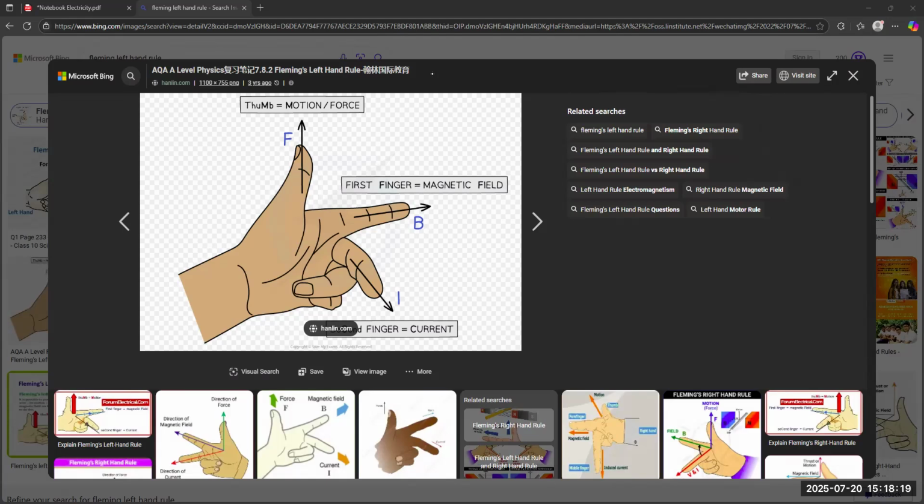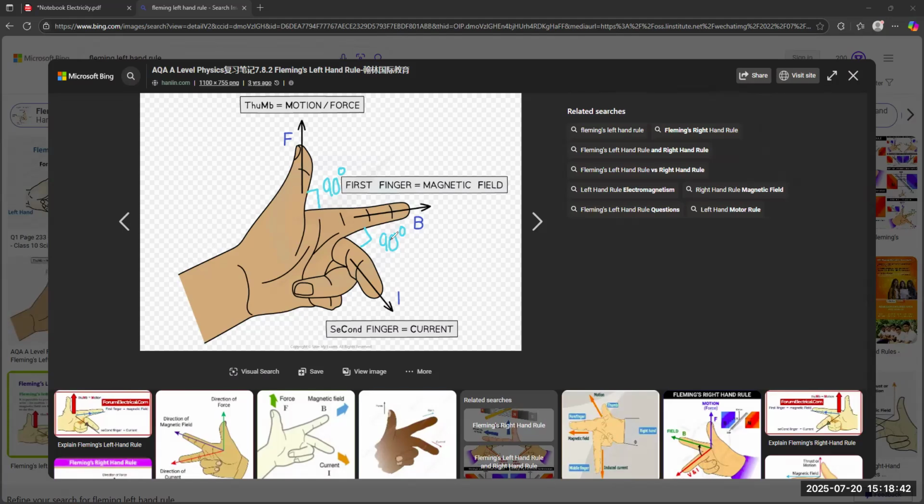The first finger represents the magnetic field, and the second finger represents the direction of electric current. And you can see that all are at 90 degrees compared to each other. So all three quantities are mutually perpendicular to each other.